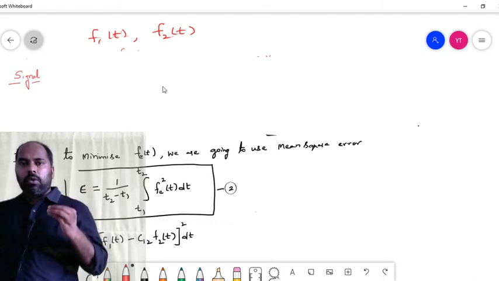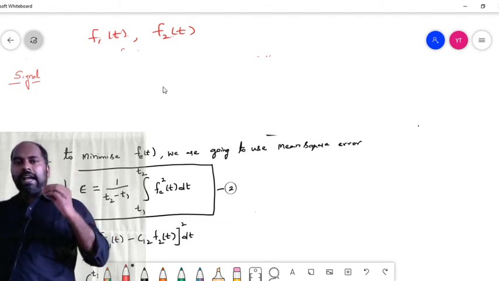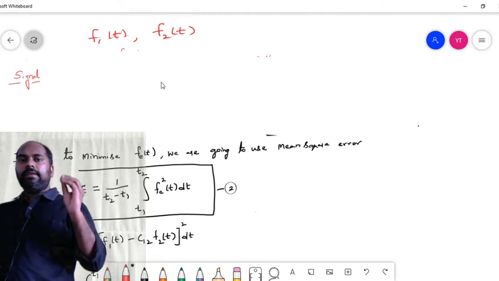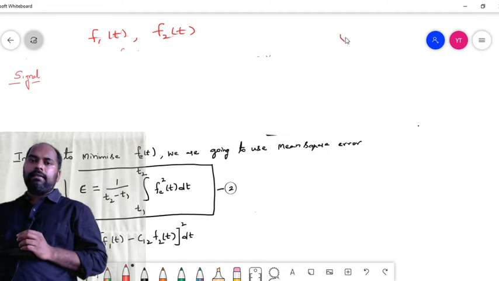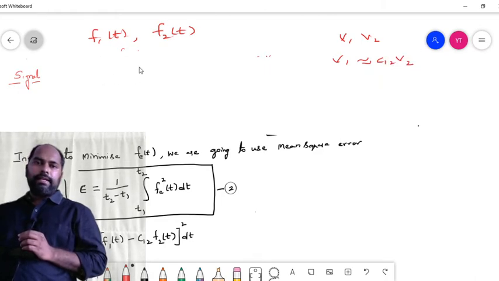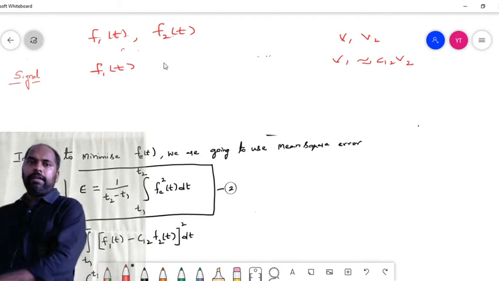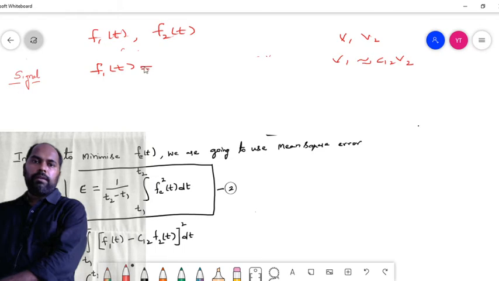What I am going to do is take the formulas I used in vectors and place those concepts directly in signals. Whenever two vectors V1 and V2 are there, V1 is approximately equal to C12 V2. Like that, f1 of t is approximately equal to C12 f2 of t.